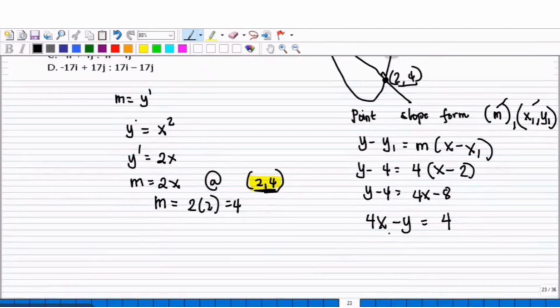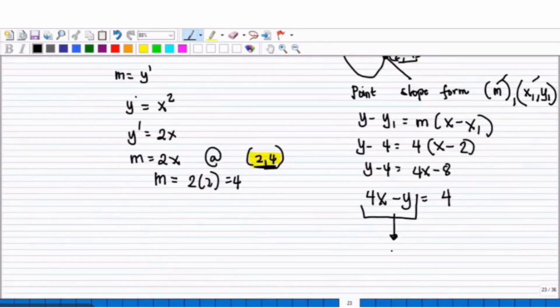So, ano po, ang kukunin lang natin dito kapag vectors, yung ating x and y notation. Okay, so this will become 4i minus j. Okay, 4i minus j.